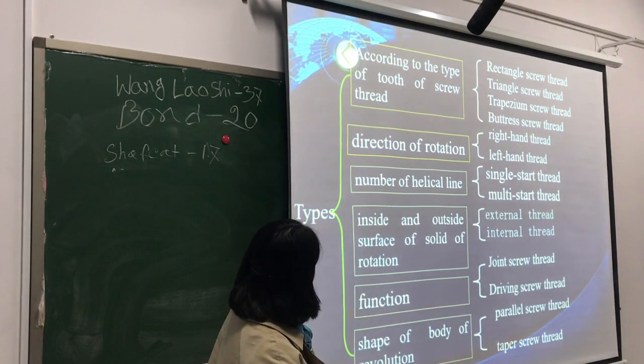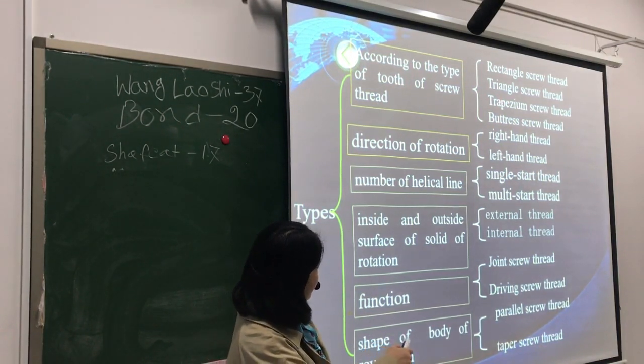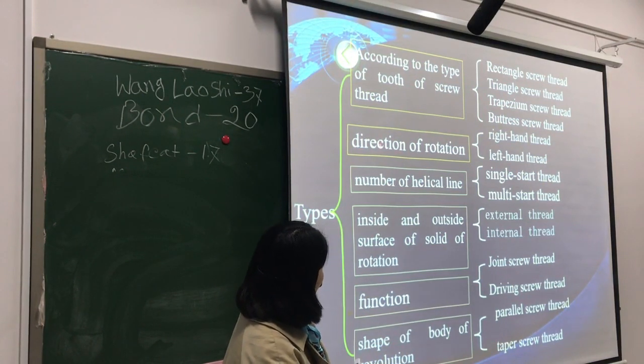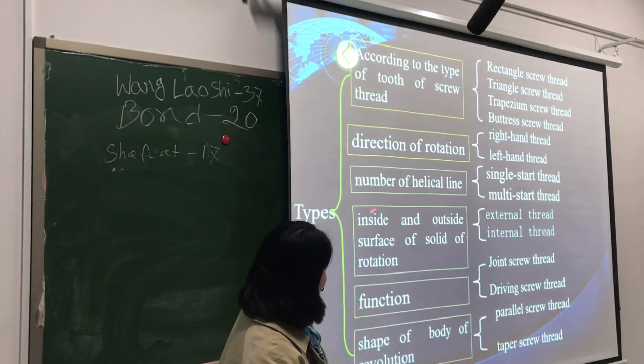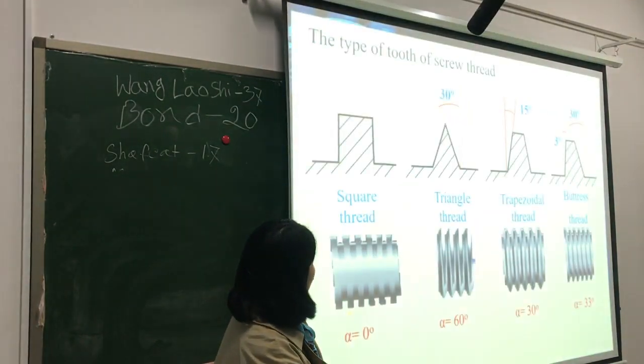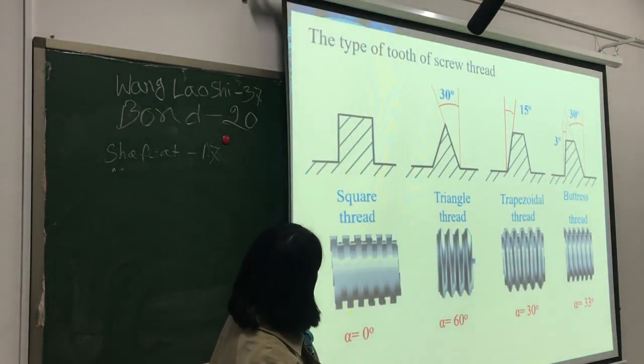These are the types of screw thread according to the type of tools, the direction of rotation, the number of helical lines, and the position, function, and shape of the body of revolution. And this is the type of tools of screw thread.